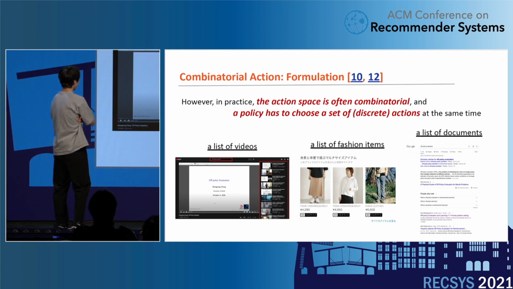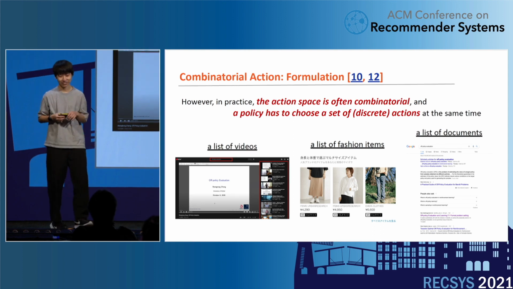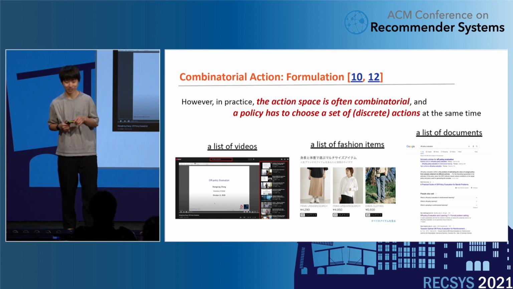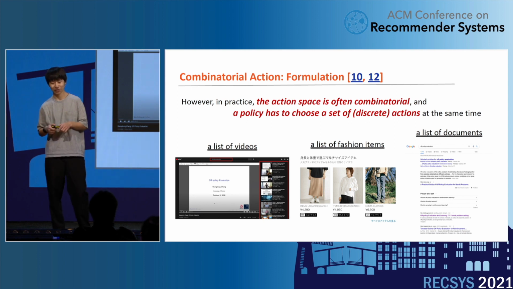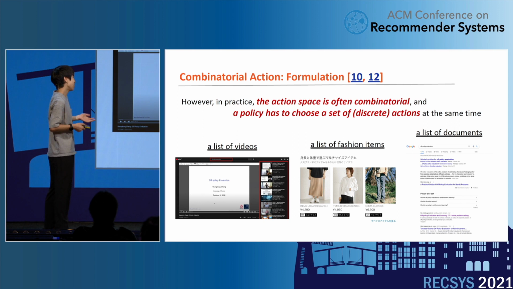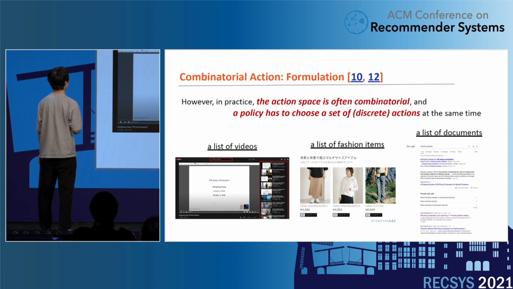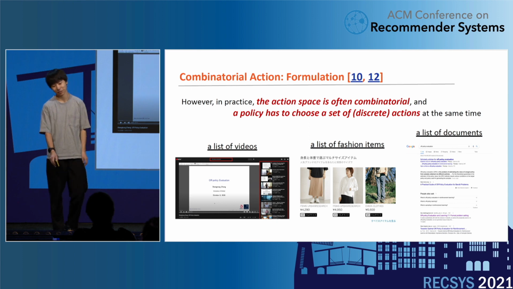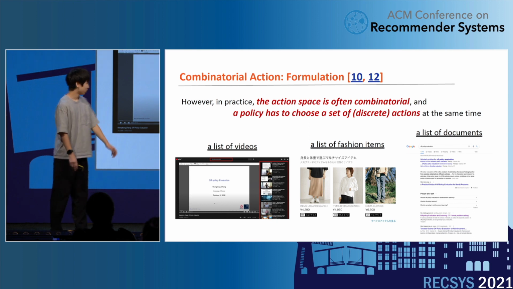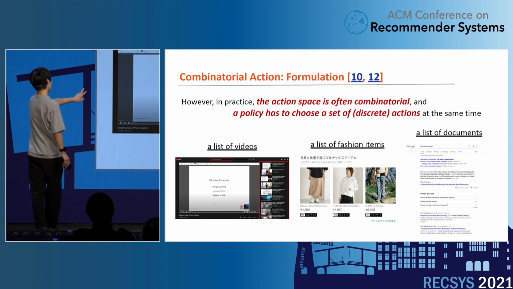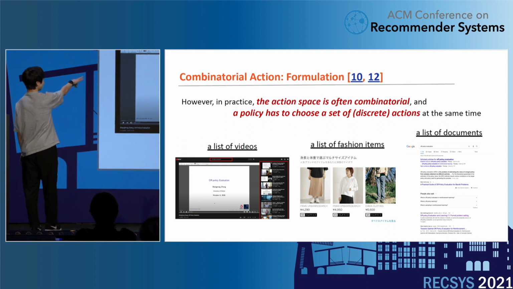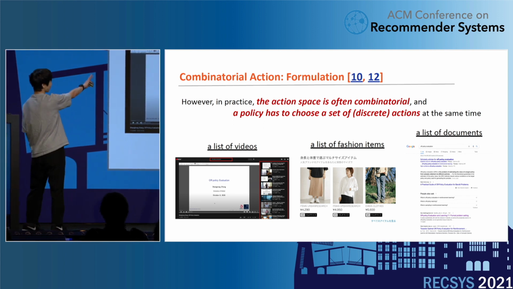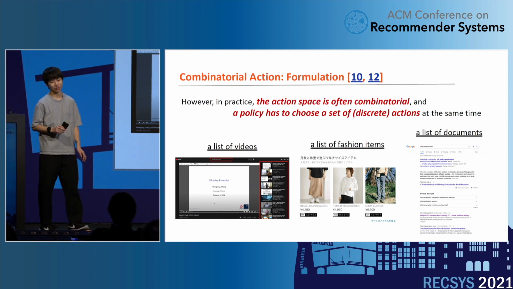But look at the more practical setting. We always face the combinatorial action space, right? Nearly always or very often, we have to address a combinatorial action space, meaning that a policy has to choose a list or set of discrete actions at the same time. For example, in this YouTube recommendation example, of course, we see a list of several discrete lecture video recommendations.